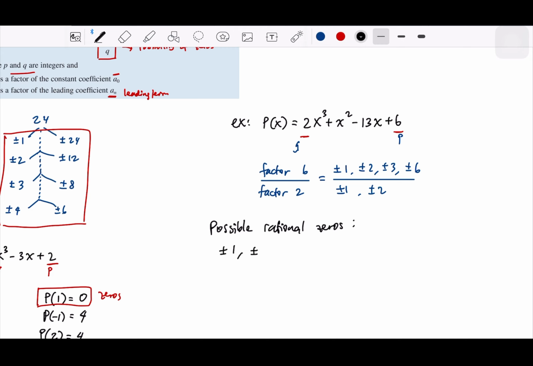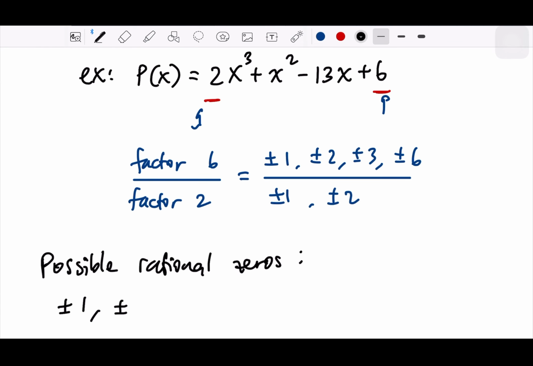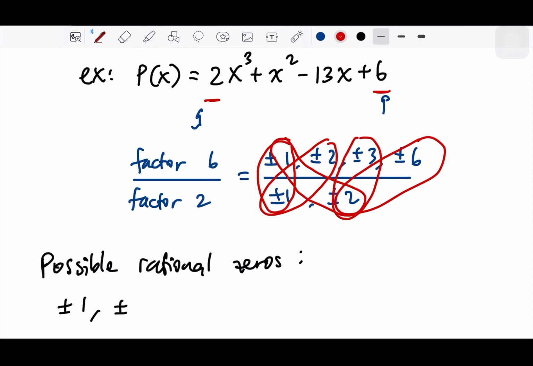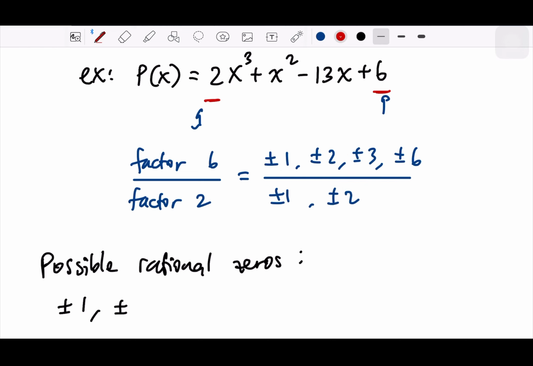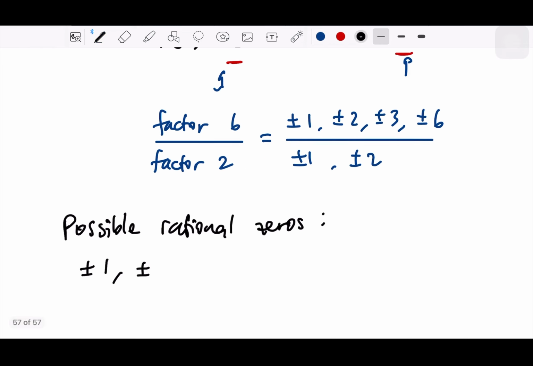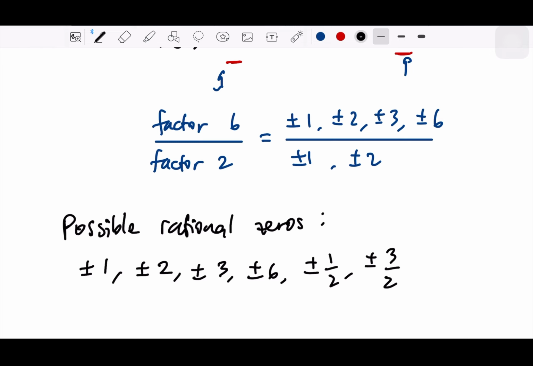plus minus, so we are going to take this is 1, this is 2, and we can also have 1 over 2, 3 over 2, 3, and 6. Now we take plus minus 2, plus minus 3, plus minus 6, and then the rational ones, half and 3 over 2.